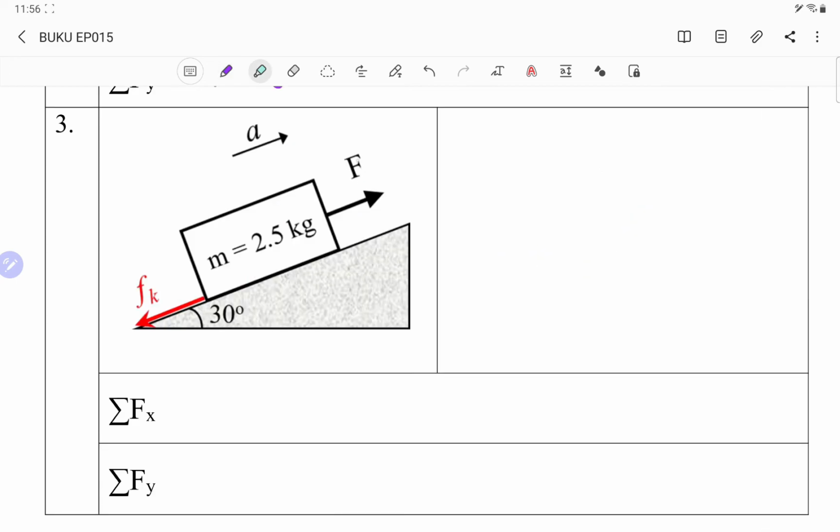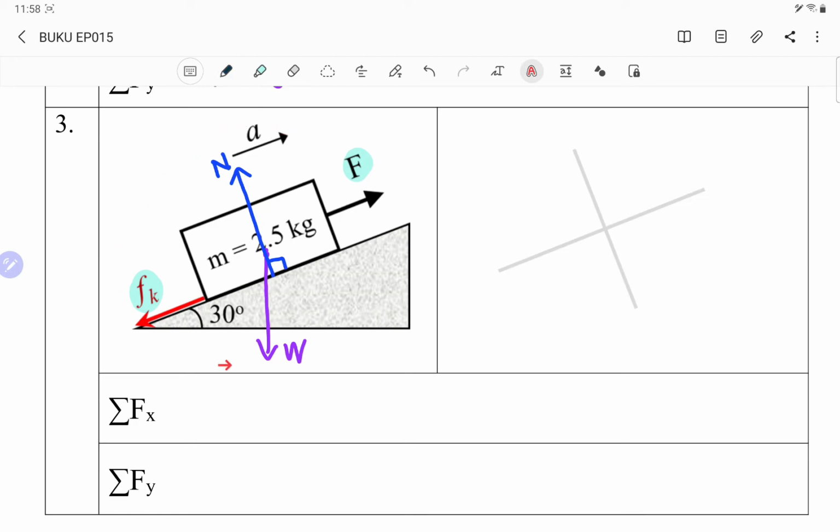Now for number 3, we have a force pulled upwards and then we have Fk. This object has a mass, so we will have weight from the center point going straight down, W. And then this object is in contact with the surface, 90 degrees from the surface going up, that is the normal force or resultant force.